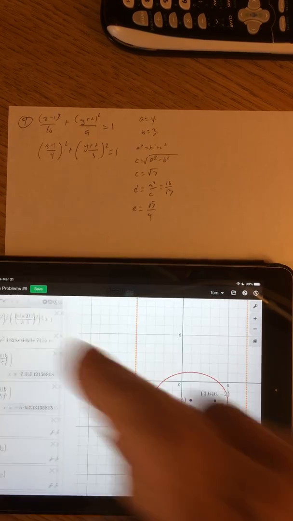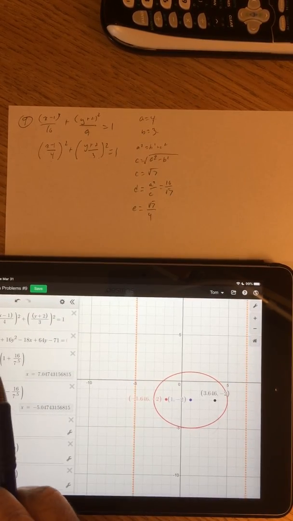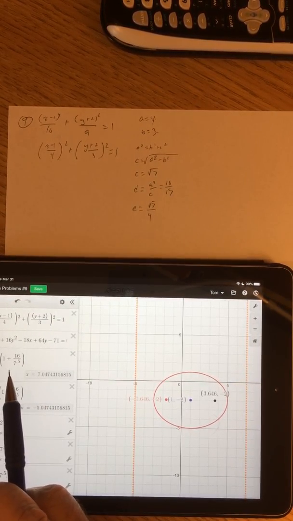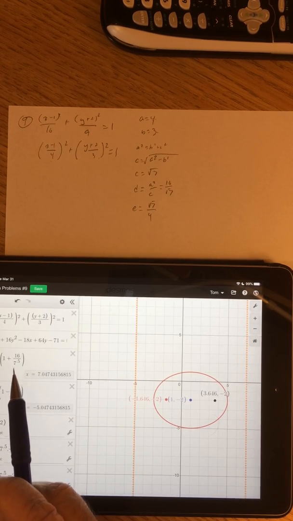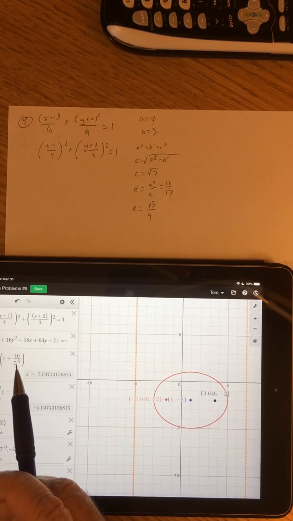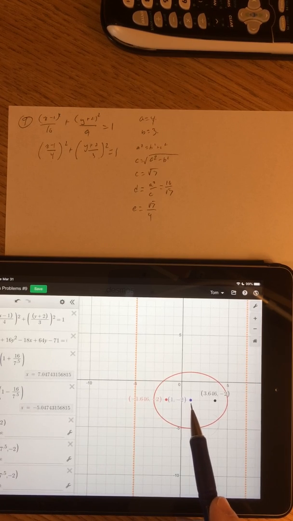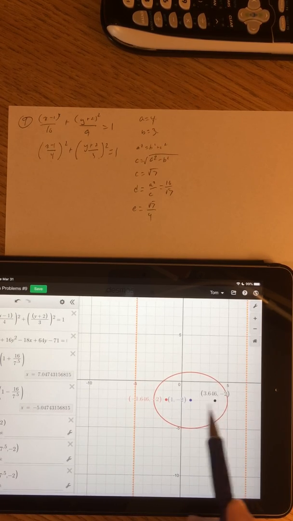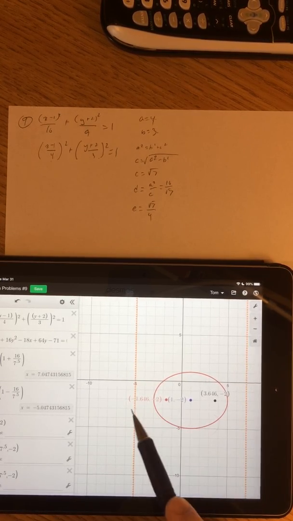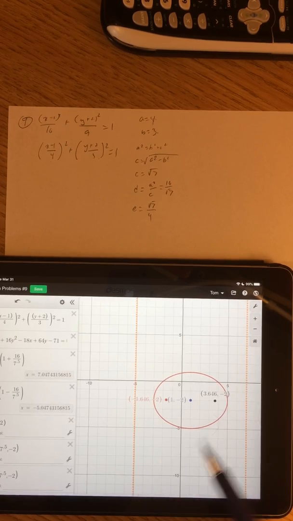Now I have on my equations over here, x is equal to 1 plus. Now remember, this is the directrix distance D, from center to directrix. 16 divided by the square root of 7 is directrix distance D. If I add that to the coordinate 1, which is the center, that gives me this directrix, and there's the other directrix.